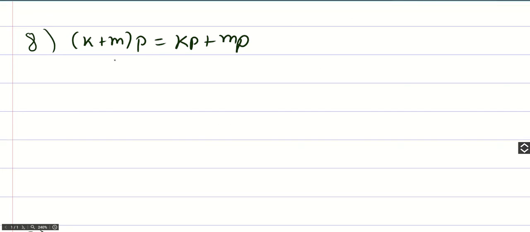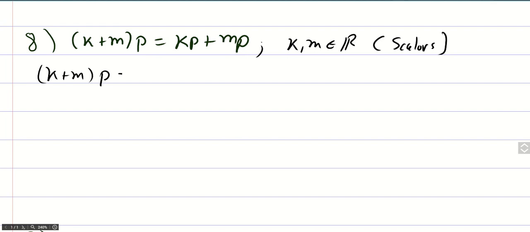Then we have this property. In this case, k and m are both real numbers or scalars. What happens is that k plus m times the vector p, or polynomial in this case, k plus m acts as a single scalar, so this ends as k plus m times a0 plus k plus m times a1x.